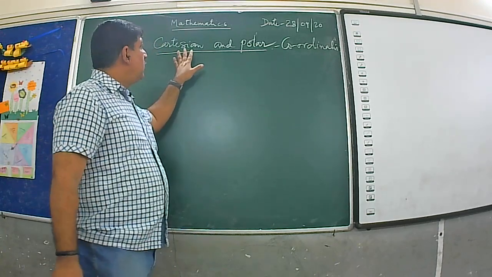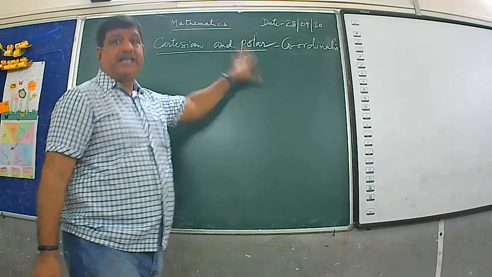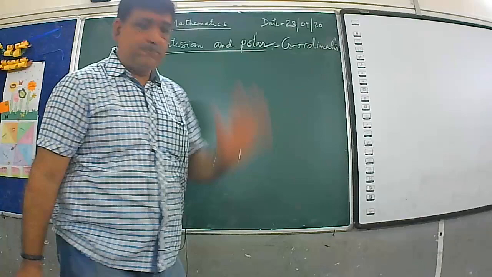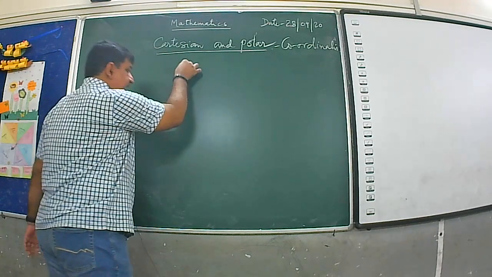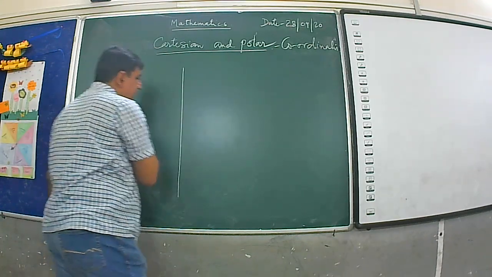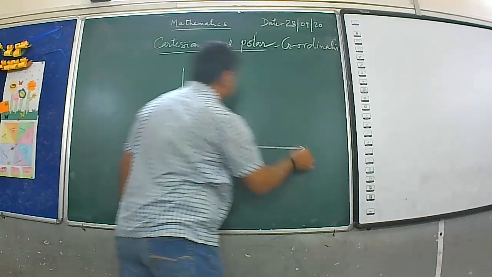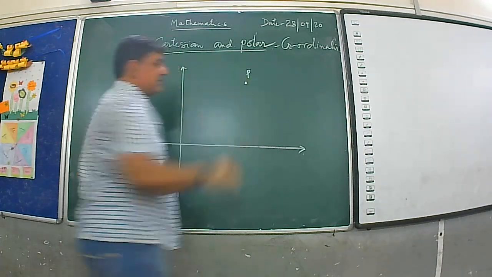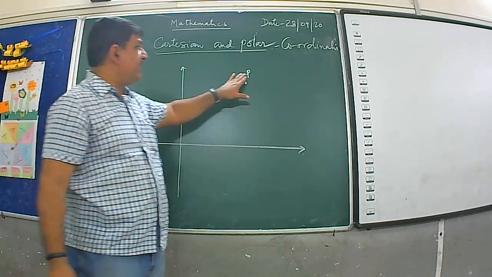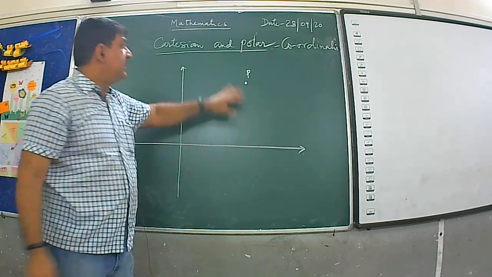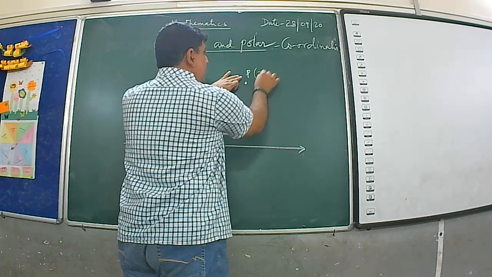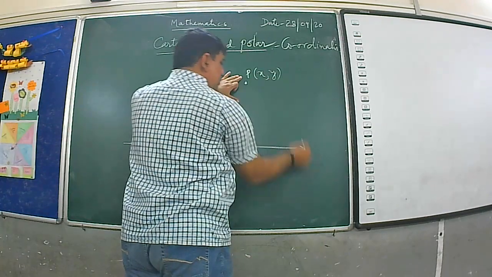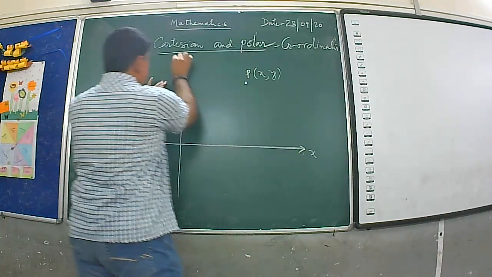Now, Cartesian and polar coordinates, what does this stand for here? Actually, boys, in coordinate geometry, we have to always locate the position of a point with respect to a frame of reference. So this is a point P. It has coordinates, say x comma y, with respect to x-axis as well as y-axis.